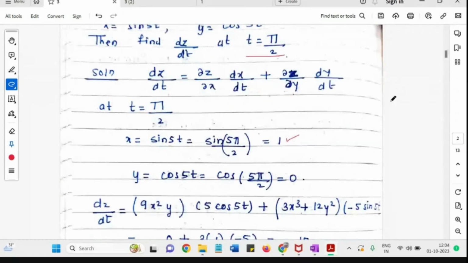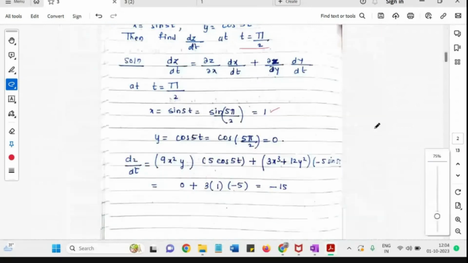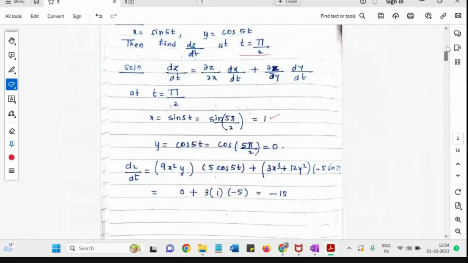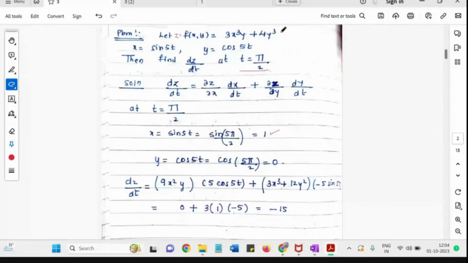my function again. I can see my function now. So here is my function. The first term is dou z by dou x. Dou z by dou x is the derivative of this function with respect to x. The second term is y, whose derivative is 0 with respect to x. For the first term, the derivative is 9x squared y, into dx by dt.